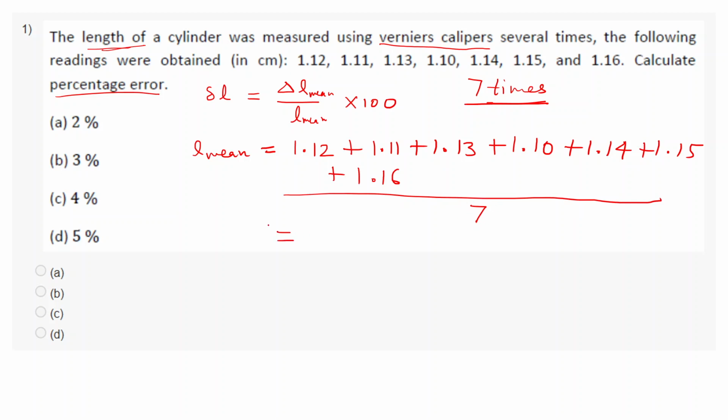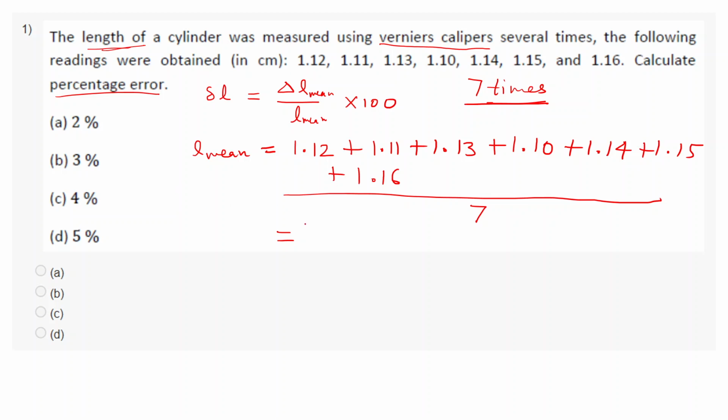I'll use my calculator to calculate this. This is 1.12 plus 1.11 plus 1.13 plus 1.10 plus 1.14 plus 1.15 plus 1.16.